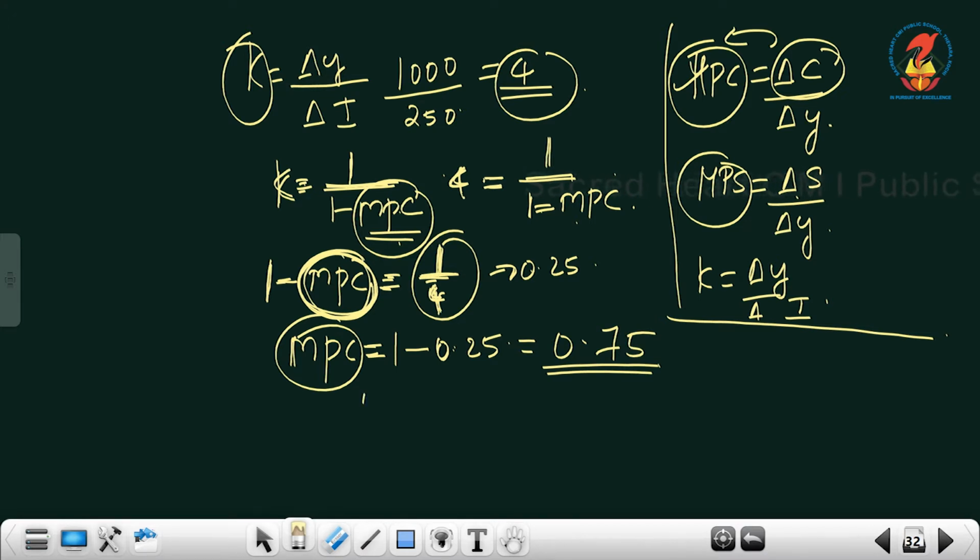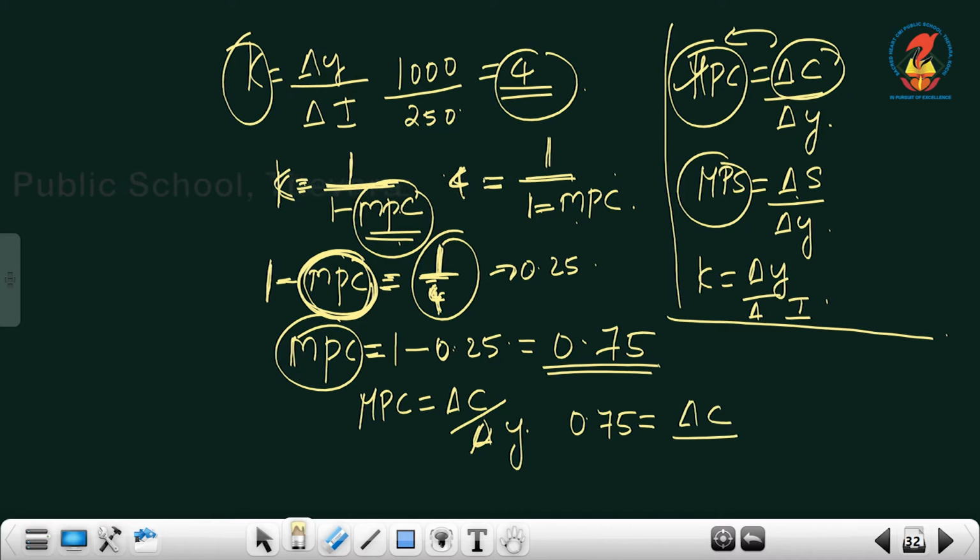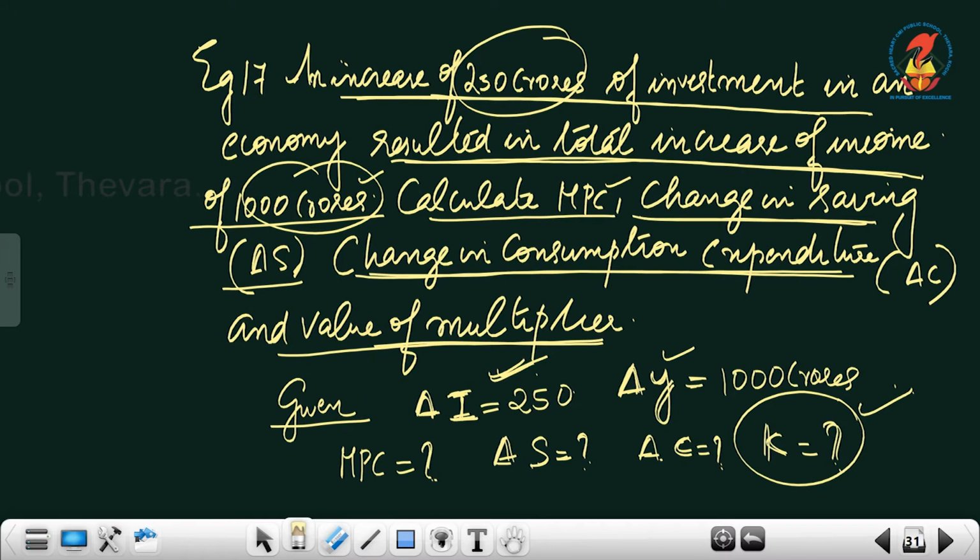How will you find out delta C? MPC is equal to delta C by delta Y. So what is MPC here? MPC is equal to 0.75, which is equal to delta C by, what is delta Y? Delta Y we found here, isn't it?